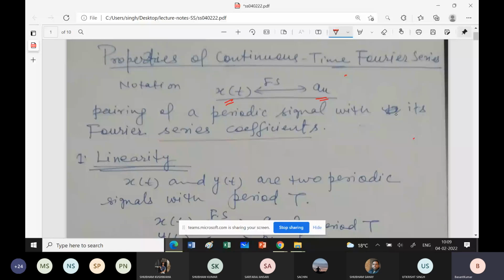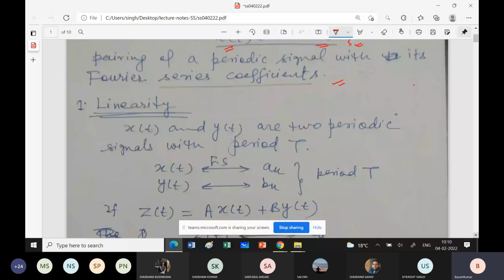So this notation symbolizes that x(t) is some periodic signal, you have taken its Fourier series representation, and a_k is representing a Fourier series coefficient. So pairing of a periodic signal with its Fourier series coefficient. This is a notation which is being used here. This is also used in the book.